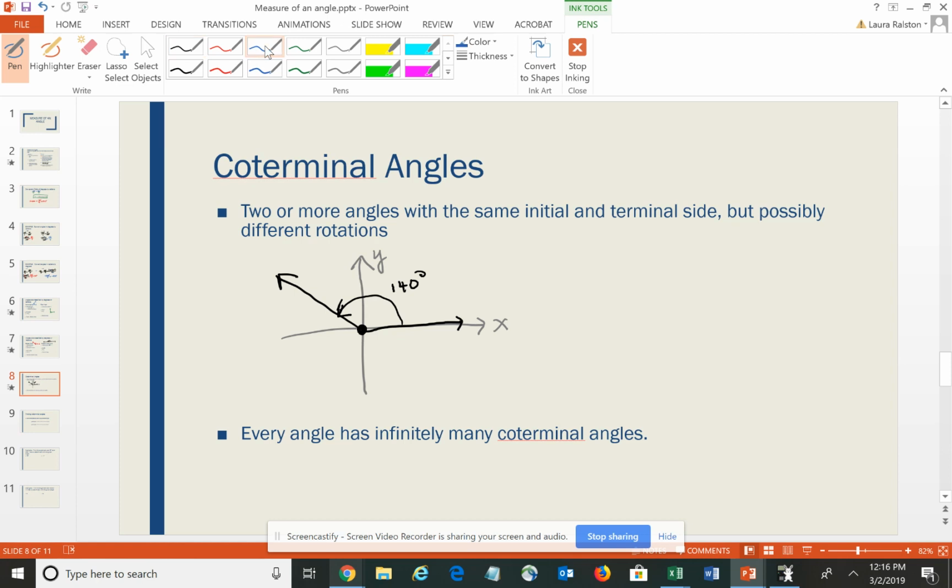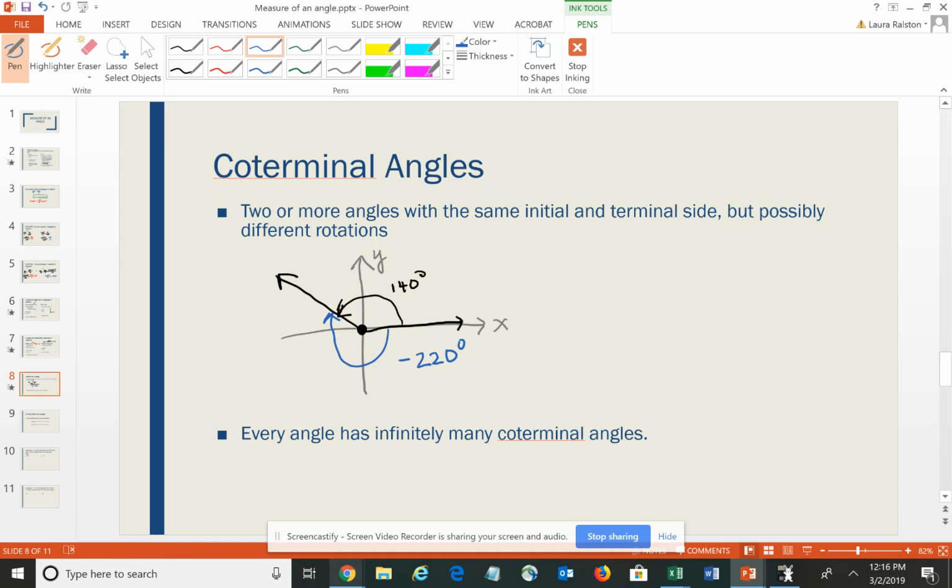But I could also name that angle as being negative 220 degrees if I rotated it in a negative direction as opposed to the positive. Counterclockwise or clockwise, it's actually the same angle. You would visually see the same picture and you wouldn't be able to tell the difference.